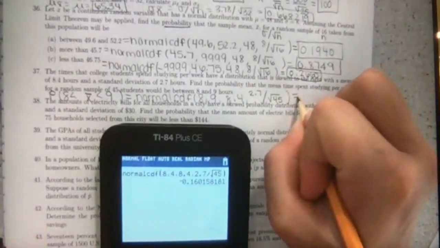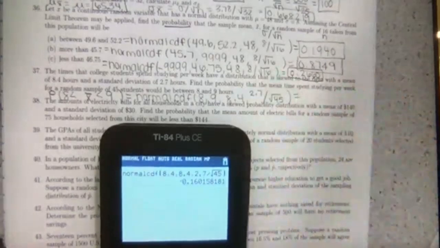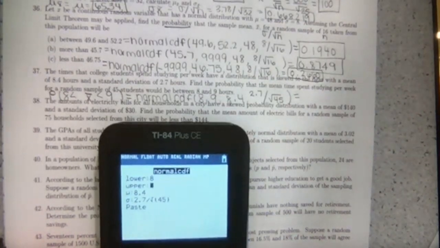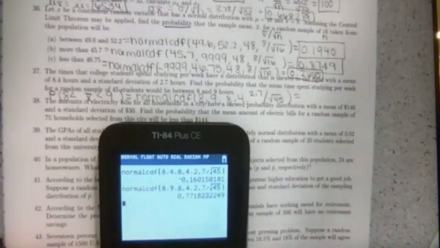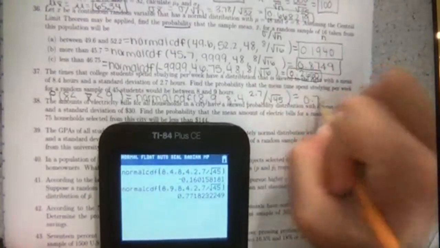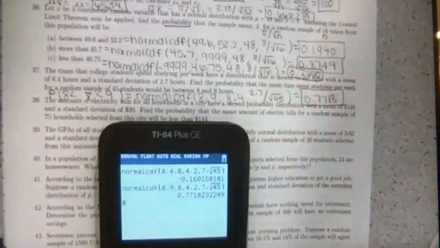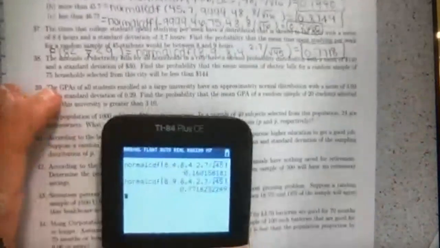So here, I put in a comma instead of, oh, no, 8. And this should be 9. There we go. 0.7718 is that answer. Almost done. The end is near.